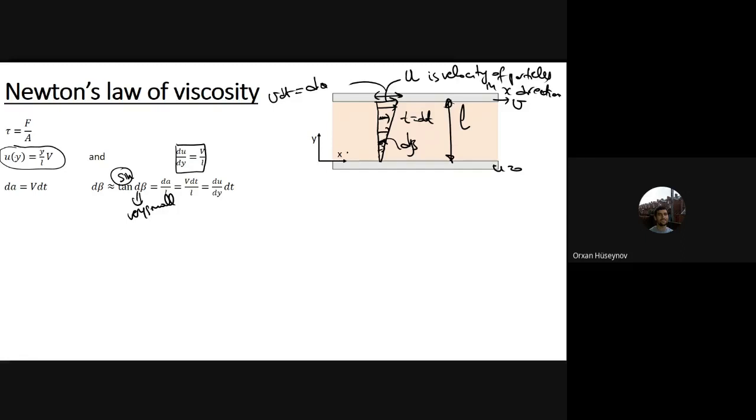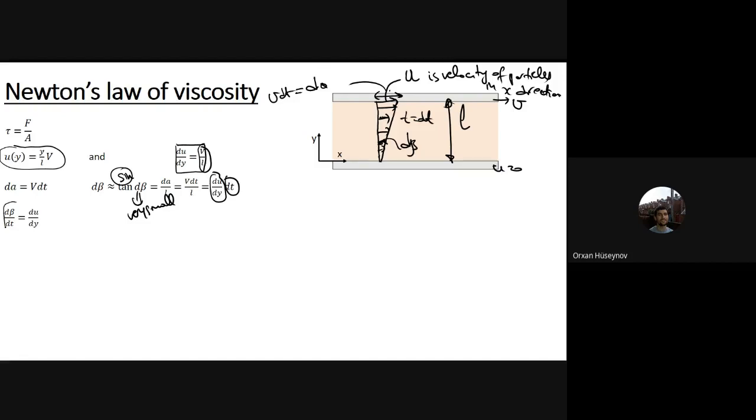And that is equal to the tangent of this angle, which is dA, the opposite side, divided by L, the adjacent side. So you have dA by L. And you can write dA as v dt by L, and then v by L is du by dy, and the dt.